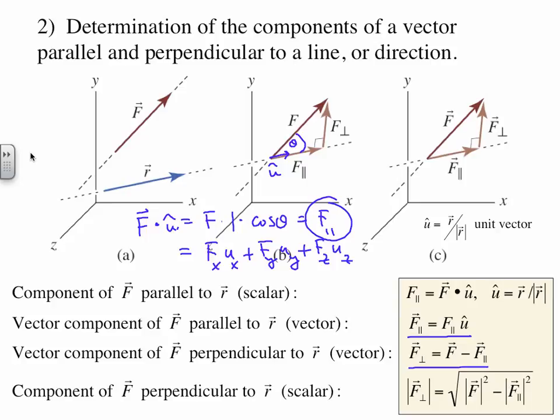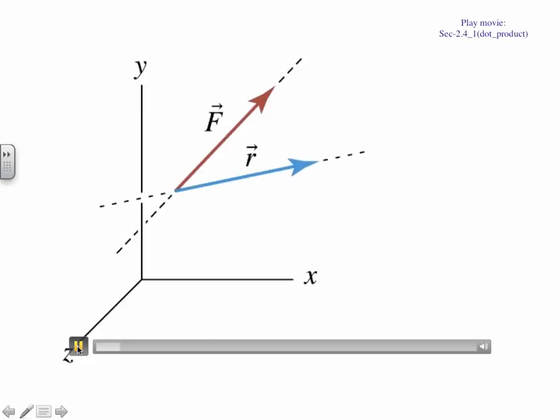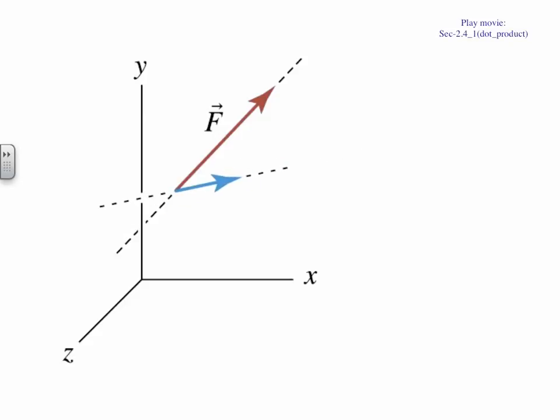The dot product thereby enables us to resolve any vector in 3 dimensions into components parallel and perpendicular to a direction defined by a unit vector u without having to see the orientation of the plane defined by the 2 vectors. This movie summarizes the operations that lead us to defining f parallel and f perp.